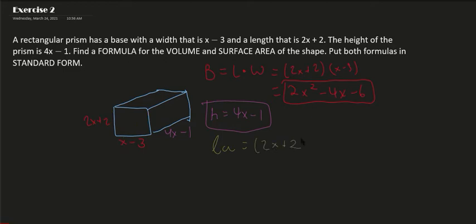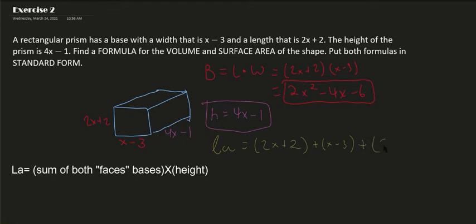So 2x plus 2 plus x minus 3, plus this, 2x plus 2 plus x minus 3. When we add all these up, this is the first part of the LA, and it will be 6x minus 2.